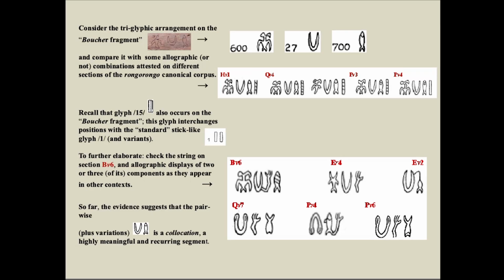This is found in a number of other canonical inscriptions, those that scholars of rongorongo accept. And if you look at this slide, where it says QR4, for instance, or H, etc., those are the code letters for different texts, according to Barthel. So that's what that's showing there.